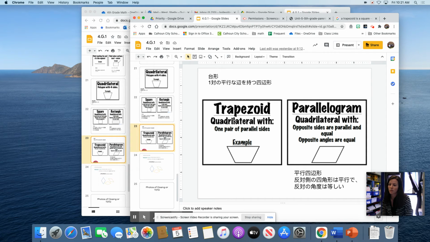Because what did we learn about a square? We learned that a square has 2 sets of parallel lines, 90-degree angles, which we just talked about, which is a right angle, and all sides are equal. So a parallelogram is a quadrilateral with opposite sides that are parallel and opposite angles that are equal. So their opposite angles are equal.